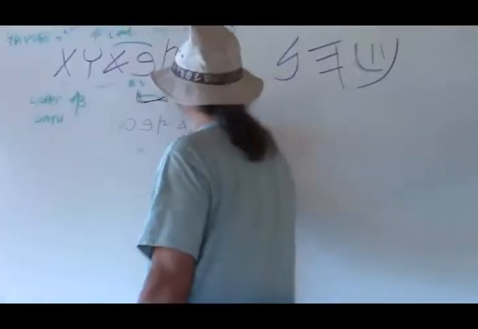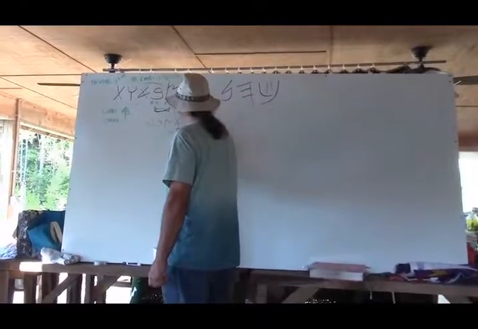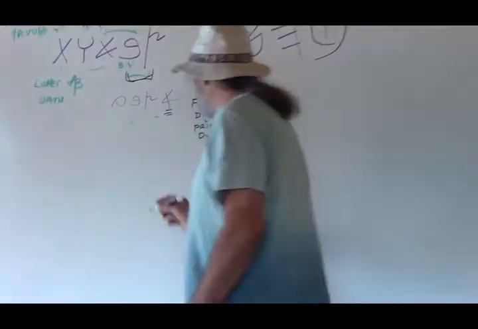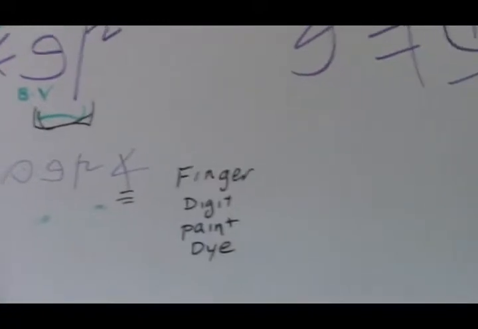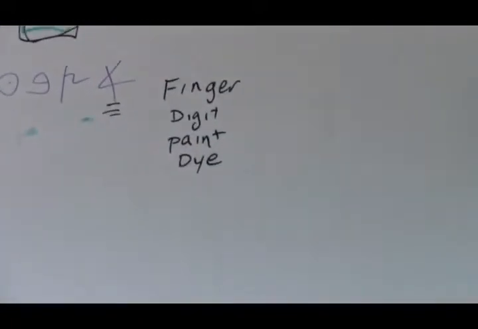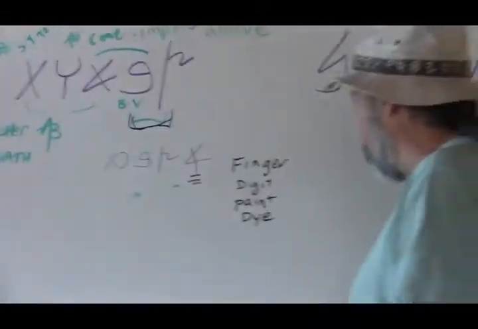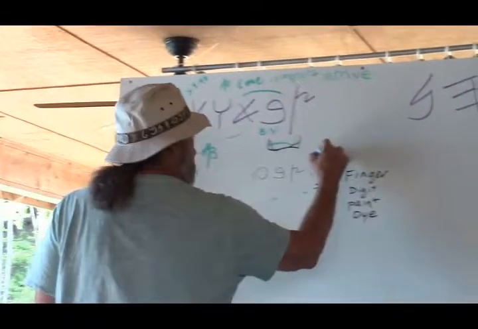This is the word finger, or digit, but it's also the word for paint or dye. Dye is coloring. So when the story in Exodus says Yahweh wrote with his finger on the tables of stone, that's the word.